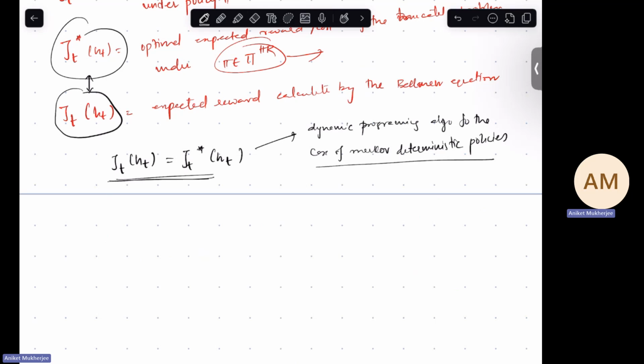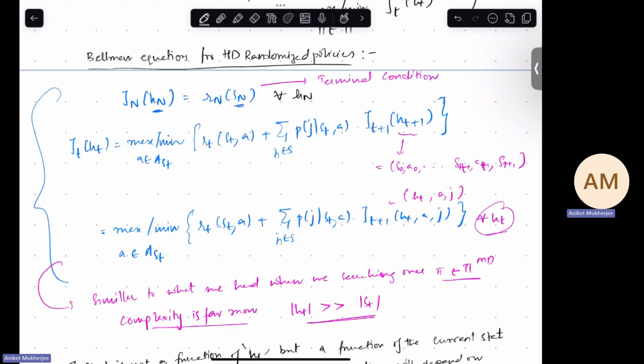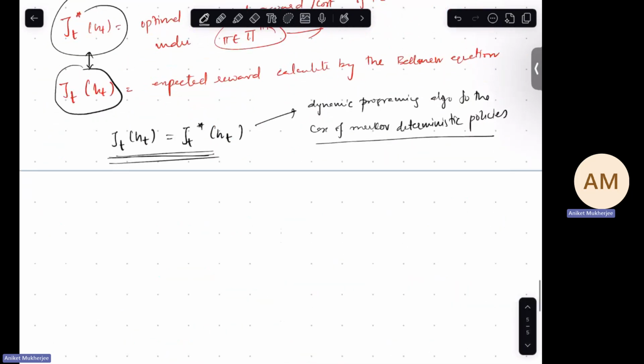But this is also true for the history dependent randomized policies. It is actually the same way you do it through induction, but then you have to just keep a note on how you split this and then add this here and show that it is the outcome. Right, it's the same.